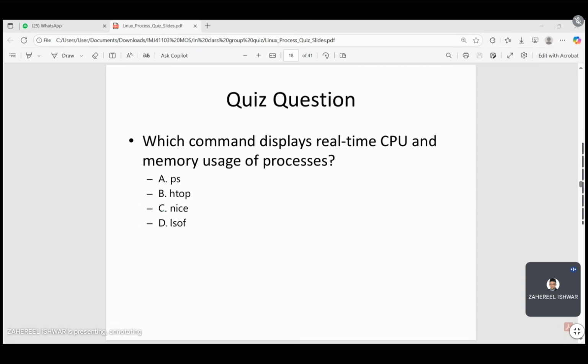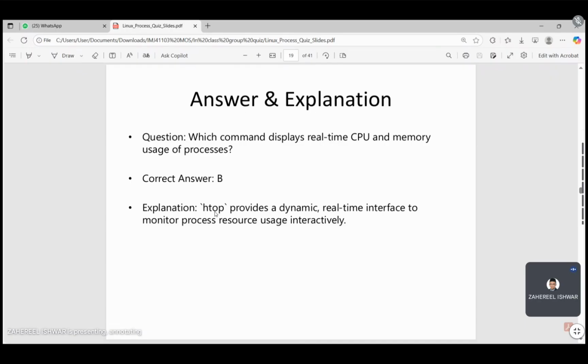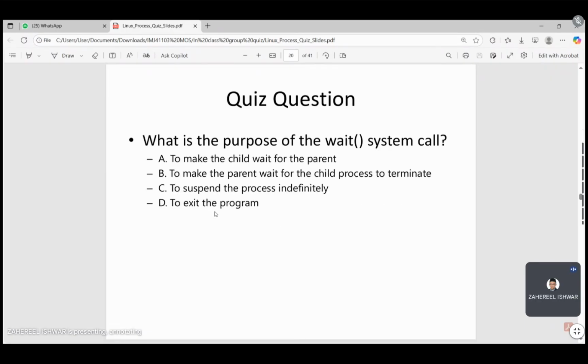Top will display the dynamic nature of your processes with respect to what's running on the CPU right now, its memory usage, and many more. You can even change what is being displayed by htop dynamically. Very useful tool. Next one. Dynamic real time, we gave the answer already.